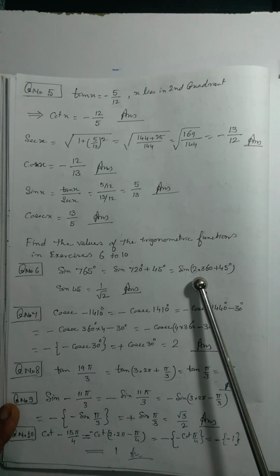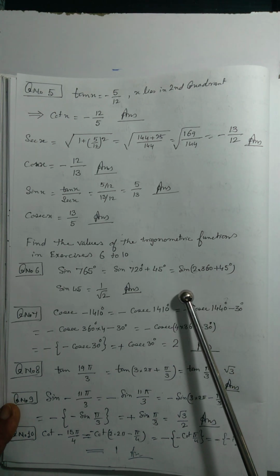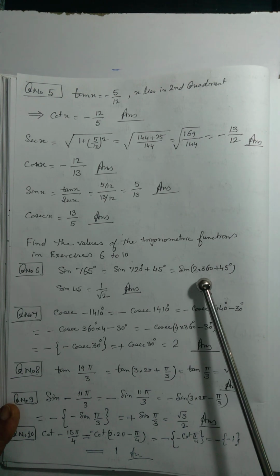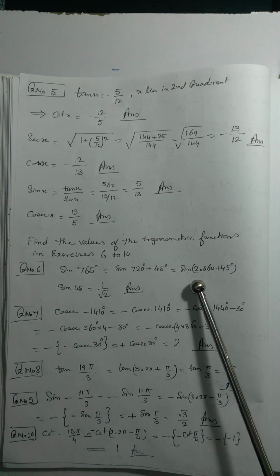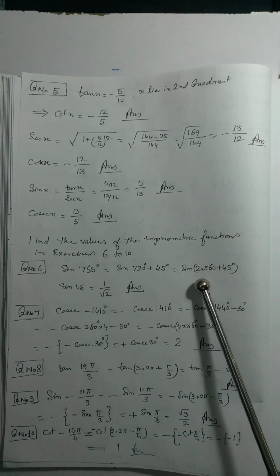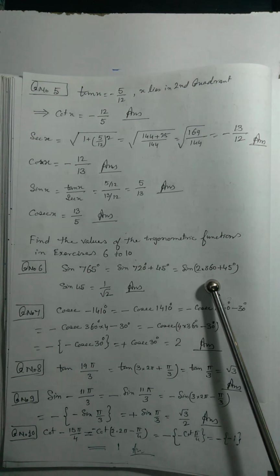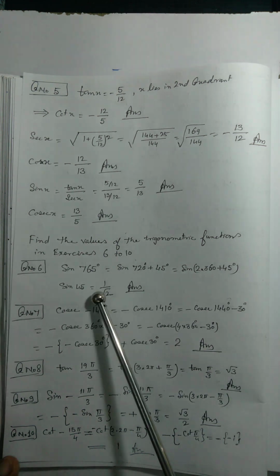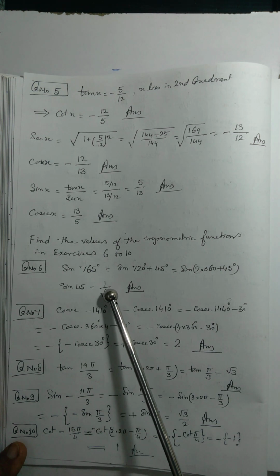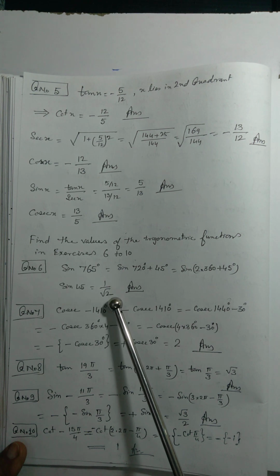Just applying the formula, sine 2n pi means n 2 pi. Here n is equal to 2 and 2 pi is equal to 360, plus 45, which will be equal to sine 45, and it will be equal to 1 upon root 2.